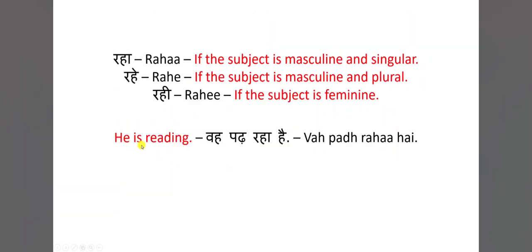Next, he is reading. वह पढ़ रहा है. वह पढ़ रहा है. वह is he, पढ़ रहा is reading, है is. रहा is selected since वह he is masculine and singular.